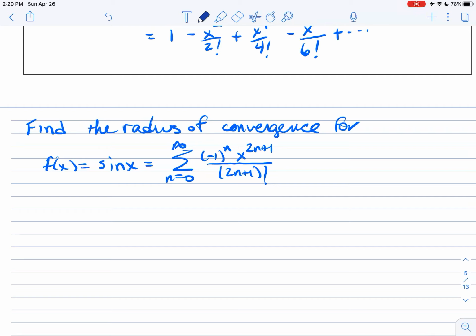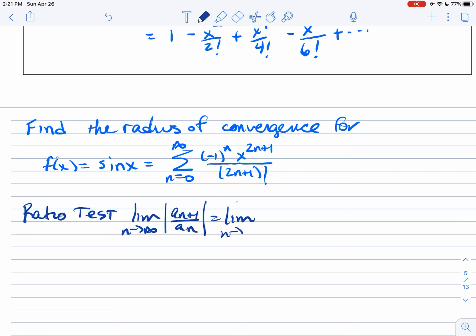Since we have factorials, we will want to use the ratio test to force convergence and find our interval or radius of convergence there. So let's take our ratio test, the limit as n goes to infinity of a sub n+1 over a sub n.